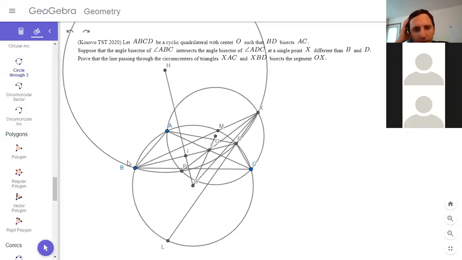So the circumcircles of BAC, BDX, and XML are concurrent, is basically what you're saying by Miquel's theorem.